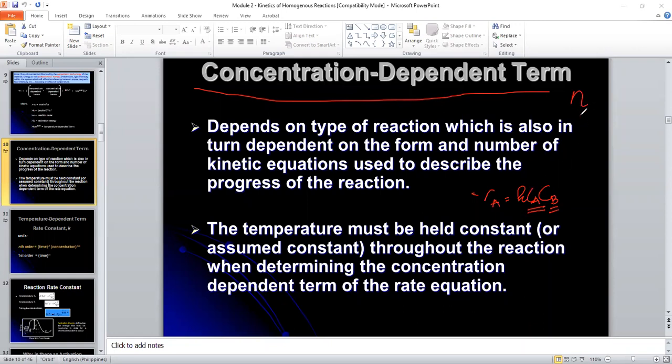But as to this order, it depends on the number of kinetic equations used to determine the progress of the reaction, or it depends on the empirical data provided by the problem. Okay?